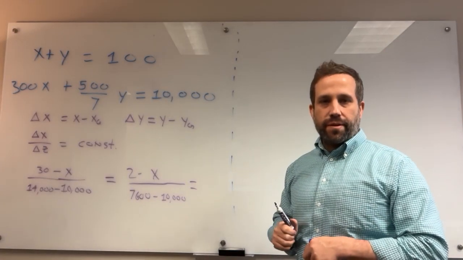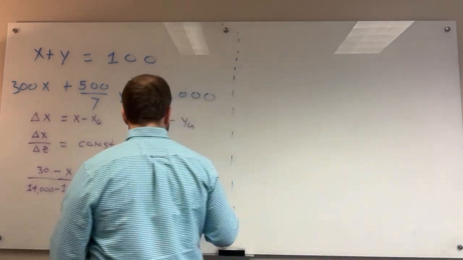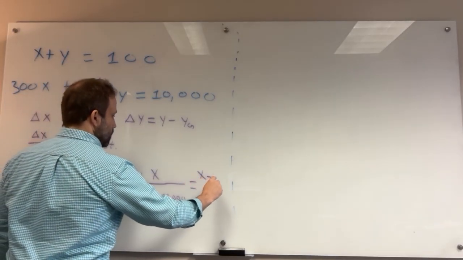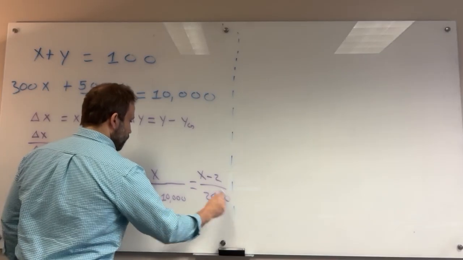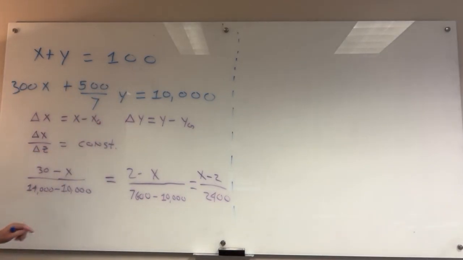Now, most of you probably know that it's not 4,000 and it is instead 2,400. Anyways, it's minus 2,400. So we're going to have x minus 2 over 2,400. And instead of just remaking the entire video, I'm just going to do it like this.